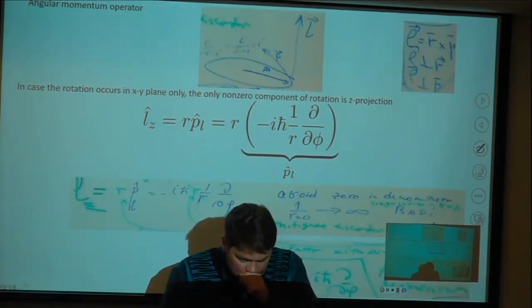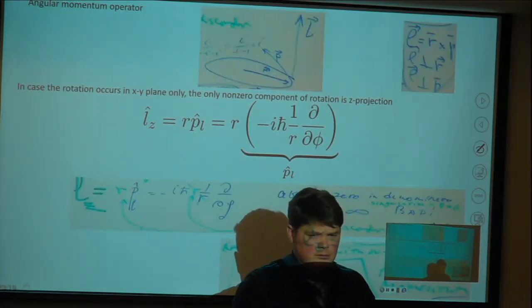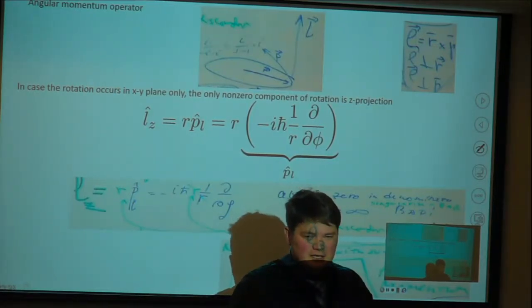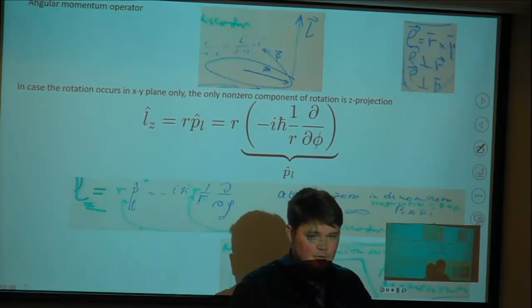So, regular momentum, what is it? It's some quantitative measure of motion, right? If something is moving, then there is a momentum. But that is for regular motion. If there is a rotational motion, there is another thing that is a better measure of motion. So angular momentum is a measure of rotational motion, philosophically.